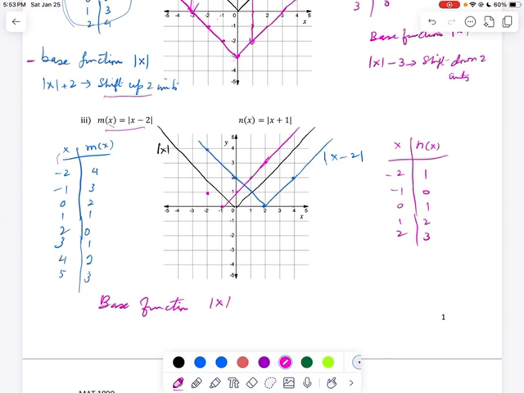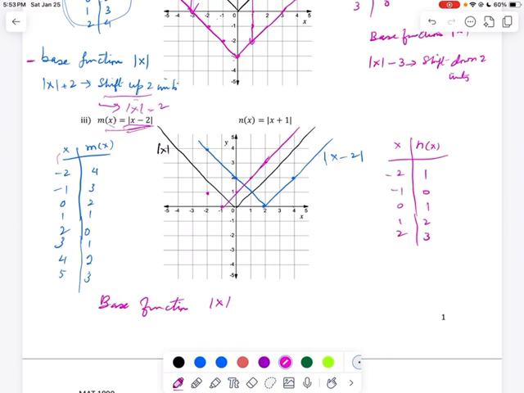So previously we had absolute value of x, minus 2. So see the difference here. Now the minus 2 is with x. 2 is being subtracted from x in here, whereas in the previous function 2 was being subtracted from the y value. Now here the 2 is being subtracted from the x value.